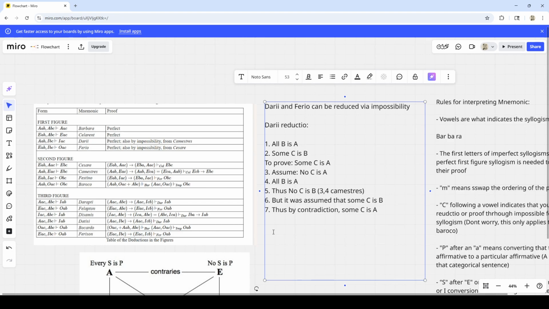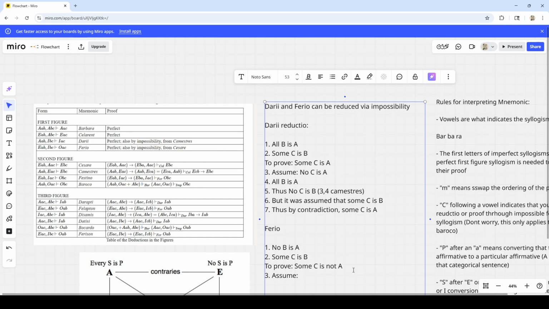And let's do Ferio, because Ferio is proven from Cesare via reductio ad absurdum. So Ferio is no B is A, some C is B, and we want to prove the conclusion that some C is not A, right? To prove that some C is not A, we assume the negation.